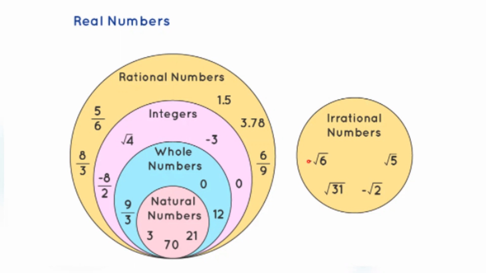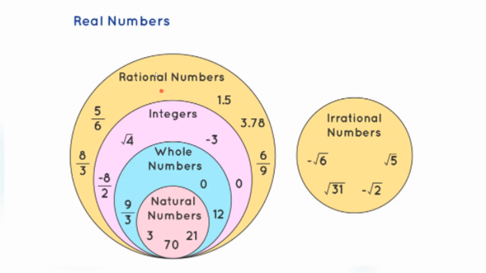And rational numbers are numbers that can be written in the form of a/b. They could be positive numbers, 0, negative numbers, fractions, or decimals, and not all decimals are rational. Some of the decimals are irrational, and some of them are rational.